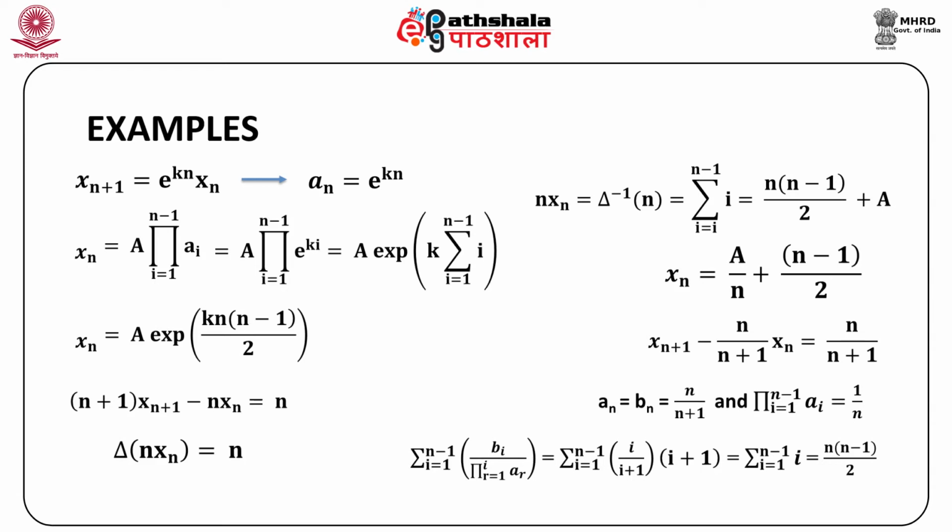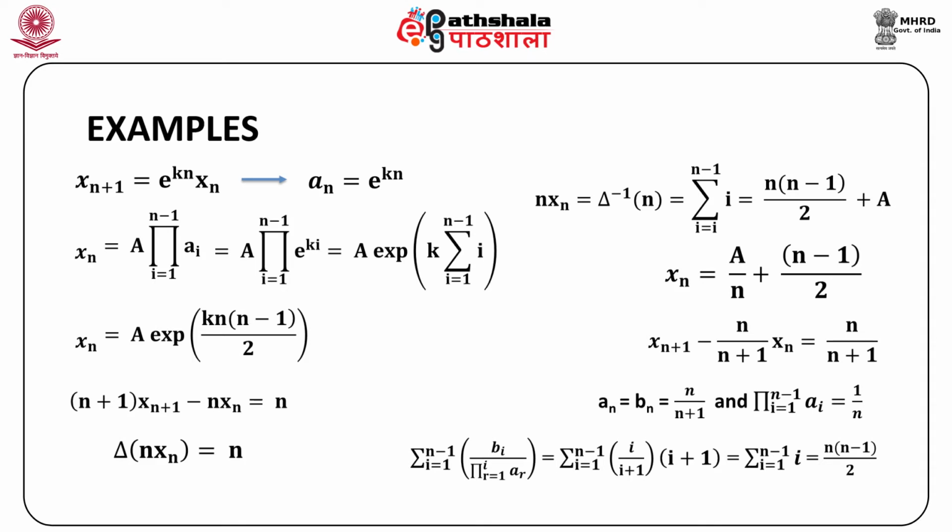Therefore, xn is equal to a over n plus n minus 1 divided by 2. The given equation can be written as xn+1 minus n divided by n+1 times xn is equal to n over n+1. Comparing with the general equation considered in the article done in the previous section, we have an is equal to n over n+1, bn is equal to n over n+1, and the product from i equals 1 to n minus 1 of ai is equal to 1 by n.